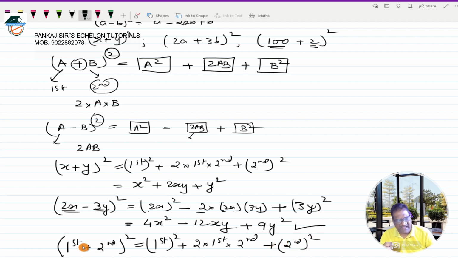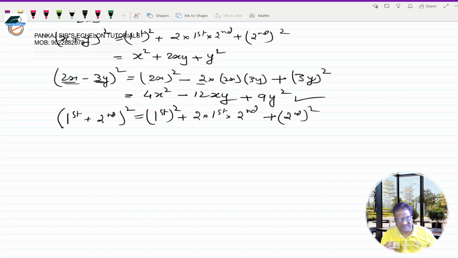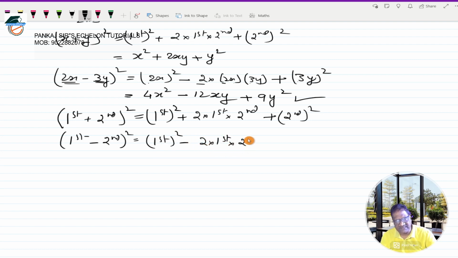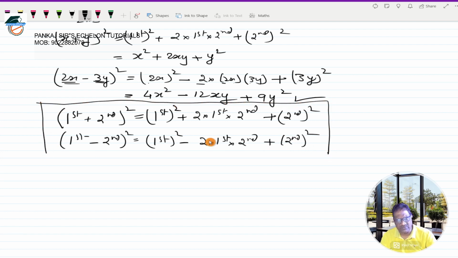And if there's a minus, so if it is (first term minus second term) the whole square, then it will be first term ka square, then here you'll have a minus, 2 times first term times second term, and then plus second term square. So I hope this will help you in solving all the problems that are going to come now.